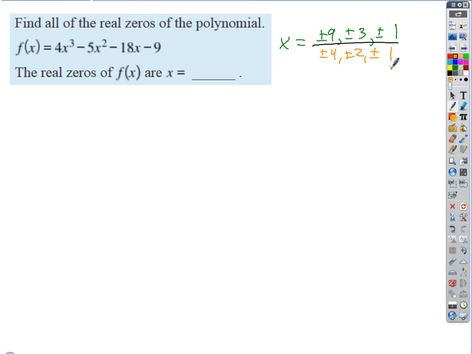Okay, so what's going to be the easiest case here? Where the denominator is 1, right? We'd like to try the integer cases first. It'd be harder for us to deal with fractions than integers, and you can see why when we go through the synthetic division to test these out.